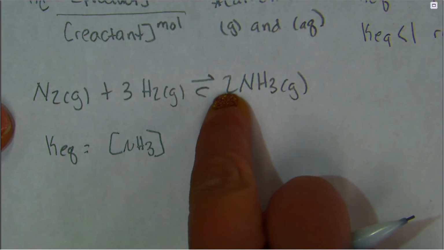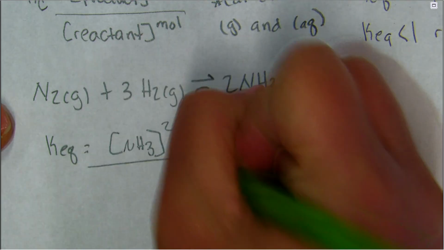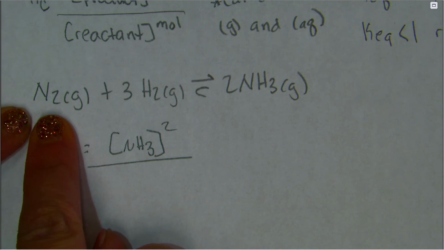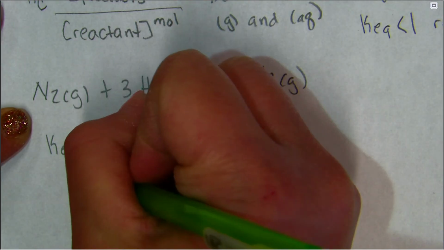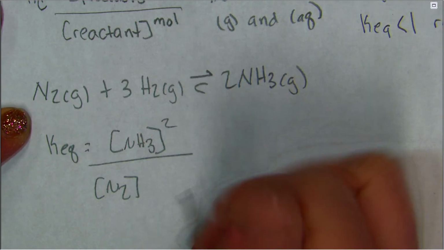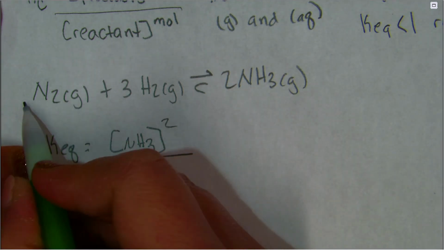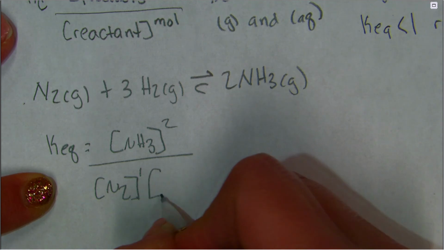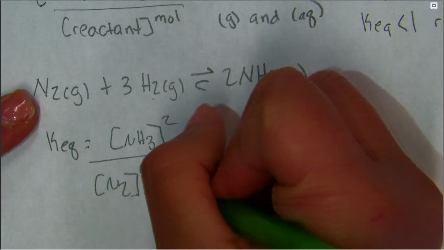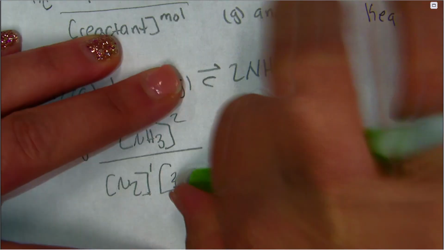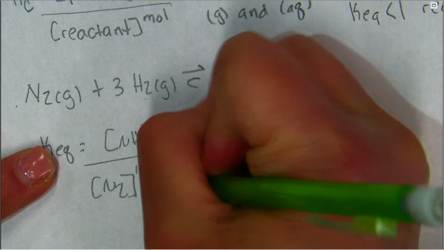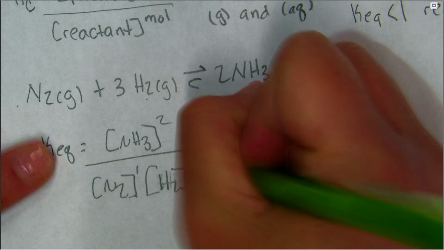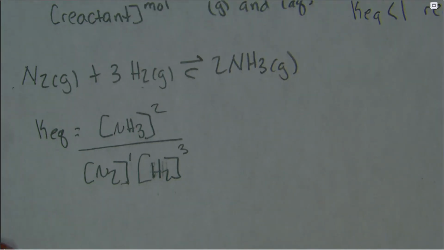There are 2 moles of NH3. Over the concentration of reactants, I have 2 reactants. My first reactant is nitrogen, raised to the mole, there is 1 mole, times the concentration of hydrogen raised to its mole. So that is my equilibrium expression.